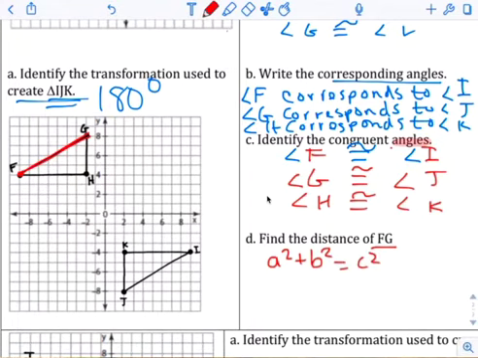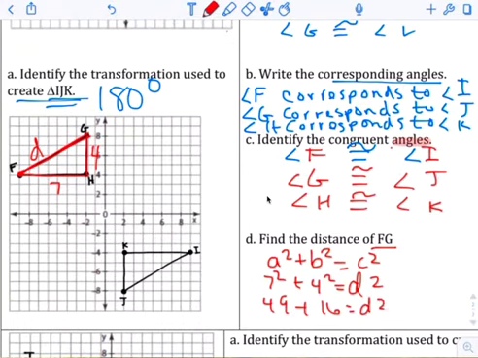This diagonal, we'll label it D, and this is A and B. A is 7, B is 4. So 7 squared plus 4 squared equals the diagonal squared. Let's label it FG squared. 49 plus 16 equals D squared.